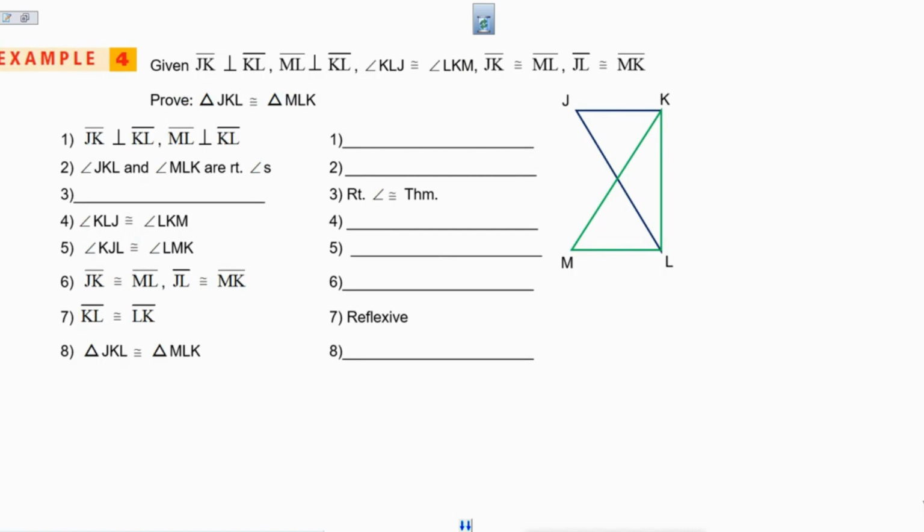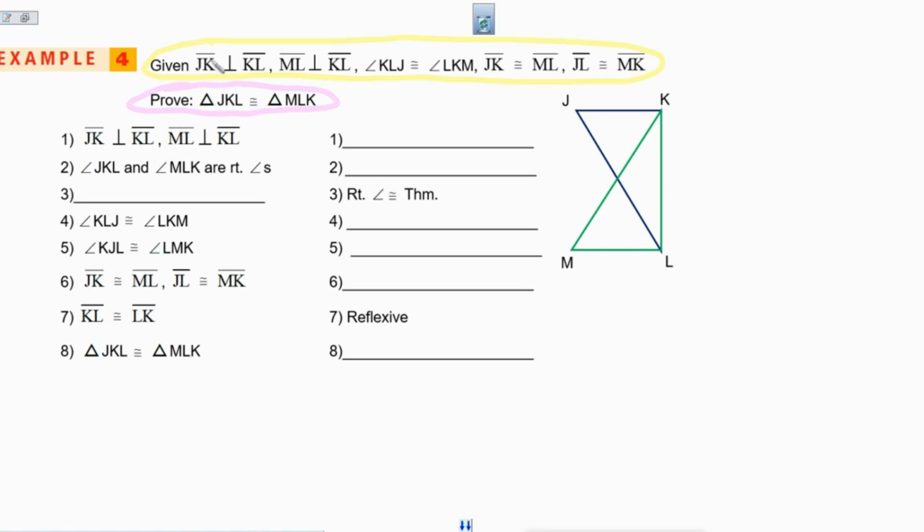Okay, then our last one. Again, circle your given information, and you can write down given next to it. Remember, when proving, you cannot write down given next to it. There's something else we write down next to what we want to prove.